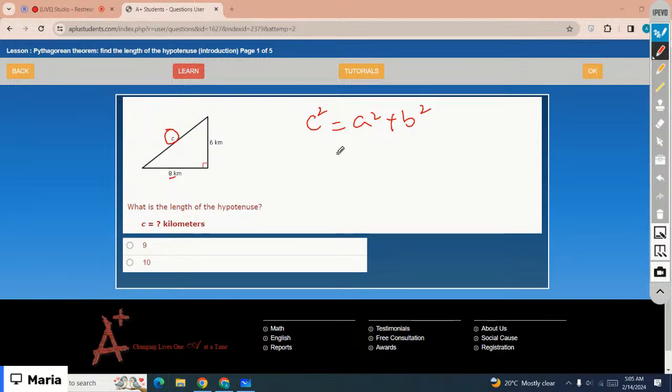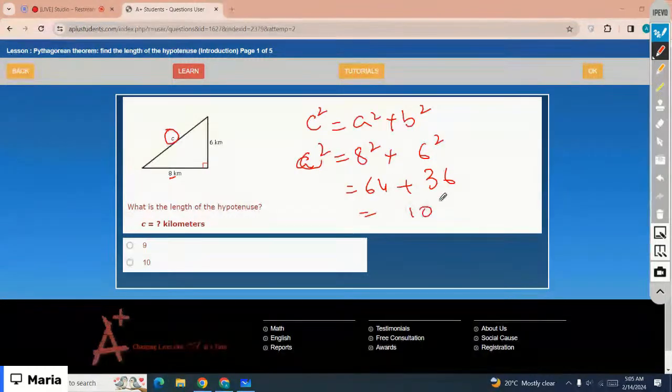So a is 8, that is 8 square. B is 6, that is 6 square. 8 square is 64, 6 square is 36. So 64 plus 36 is 100 and that equals c square. We need to calculate the value of c only, so square root both sides. The square and square root cancel out and c equals 10. So the correct option is c equals 10.